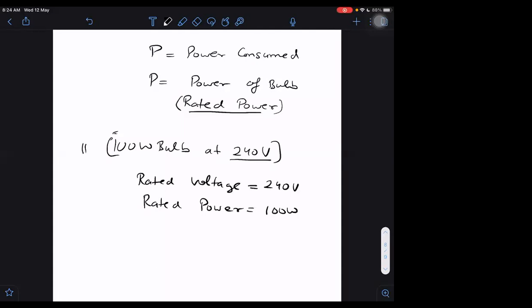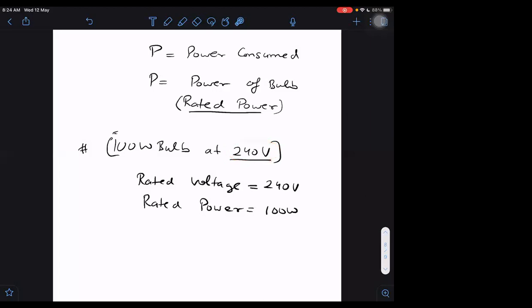But when you go to the market, you will never see any shopkeeper telling you that it is rated at 240 volt. They probably don't even know that. They only know it is a 100-watt bulb. But we should know that in our houses we always use 240 volt. It is fixed. Because we know that, they need not specify 240 volt every time.